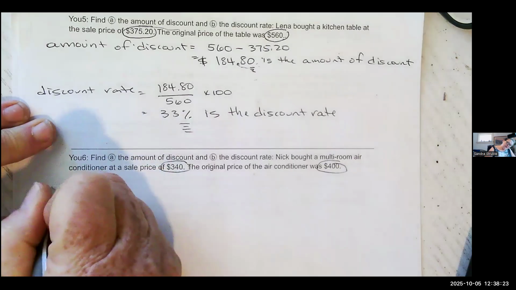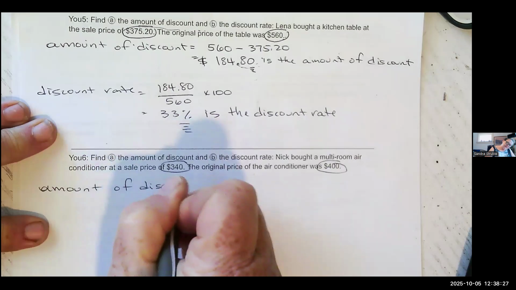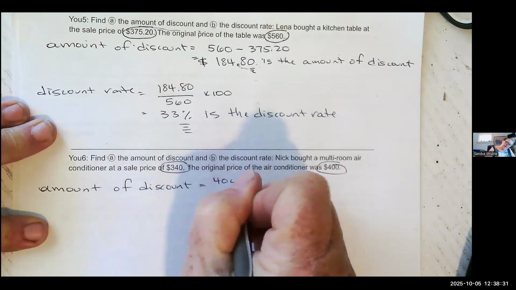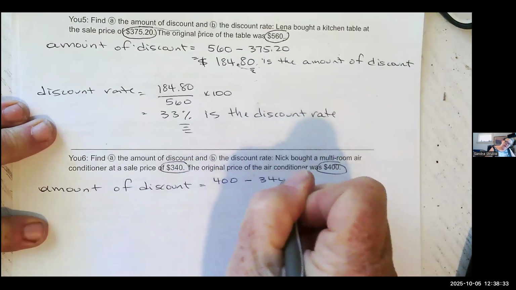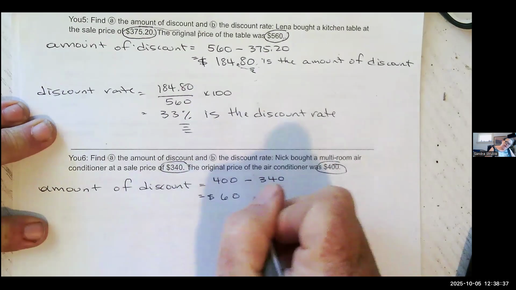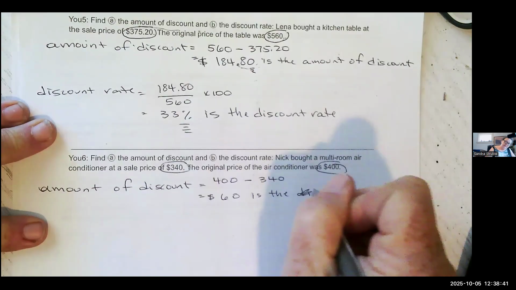So we're going to find the amount of the discount. Is equal to the original price minus the sale price. So $60 is the discount, is the amount of the discount.